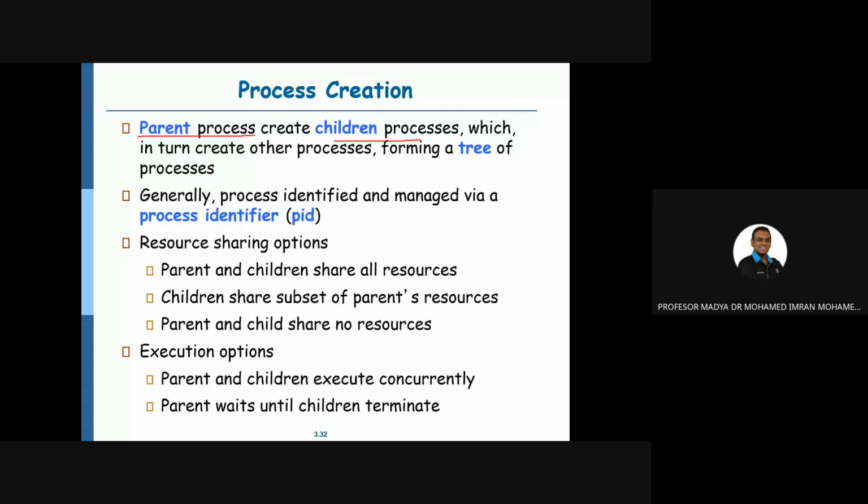Parent process creates child process. So once you double click a program, it becomes a process. Tetapi you buka document 1, it becomes a child process. These are the terms that you need to understand. So dia akan create a child document 1, tab 1. Kalau dalam web browser, we've got a tab that is called a child process.